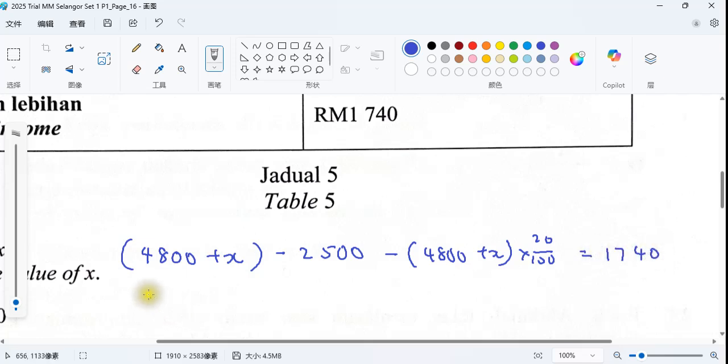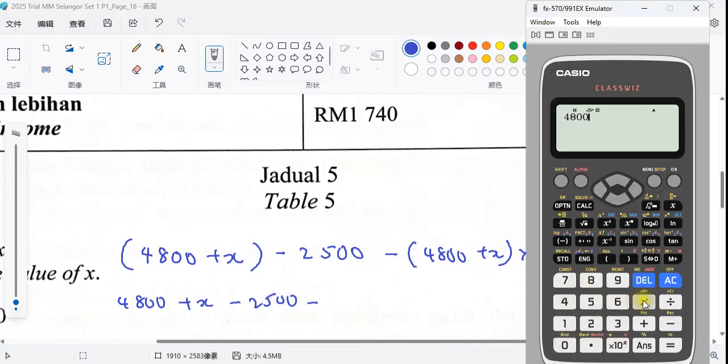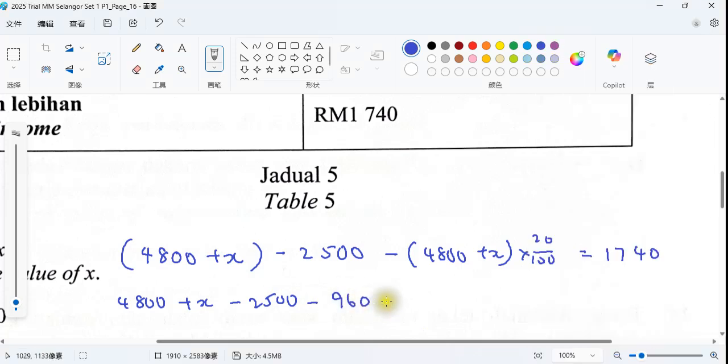Okay, so we will have 4,800 plus x minus 2,005 minus 4,800 multiplied by 0.2, which is 960, minus 0.2x equals 1,740. So this is 0.2.